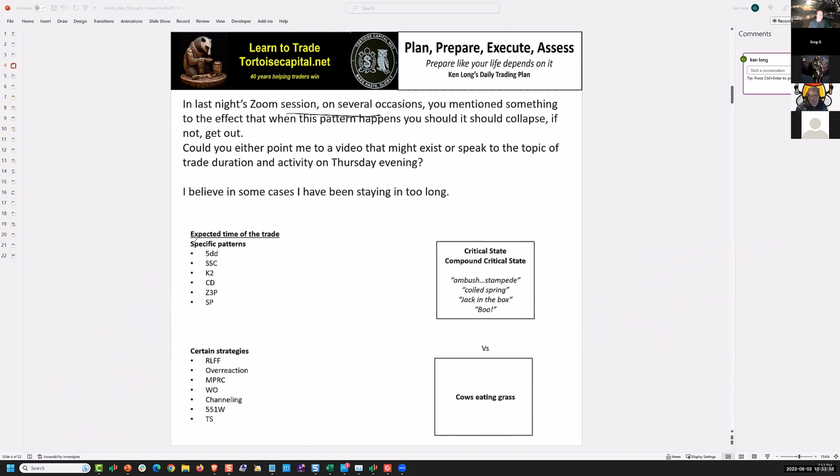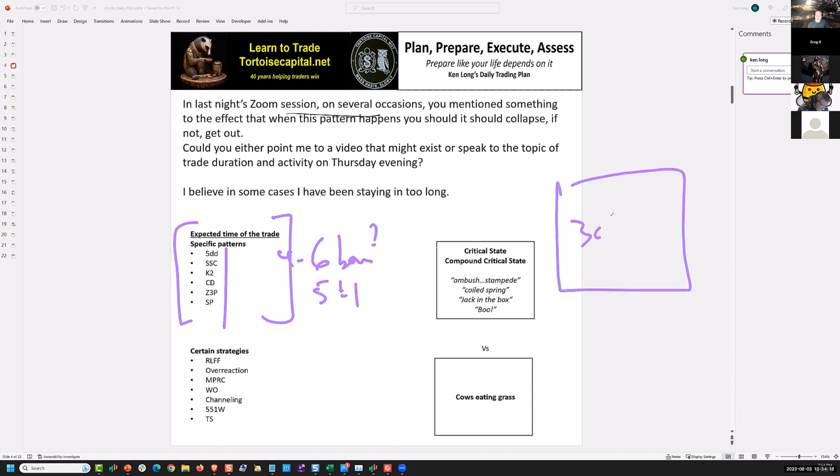Well, if you have these kinds of patterns, the expected time of the trade says, hey, if it takes more than 6 bars, or 4 to 6 bars, 5 plus or minus 1, your mileage may vary, then it ain't working. Why? Because you usually had 30 bars of setup to create the statistical anomaly of a compound critical state.